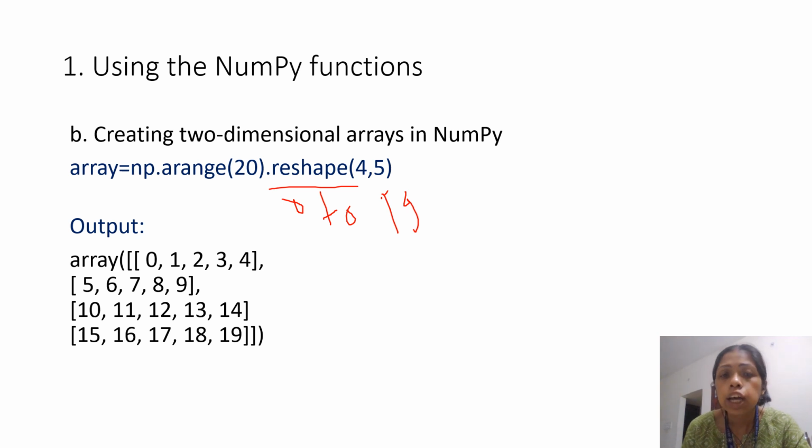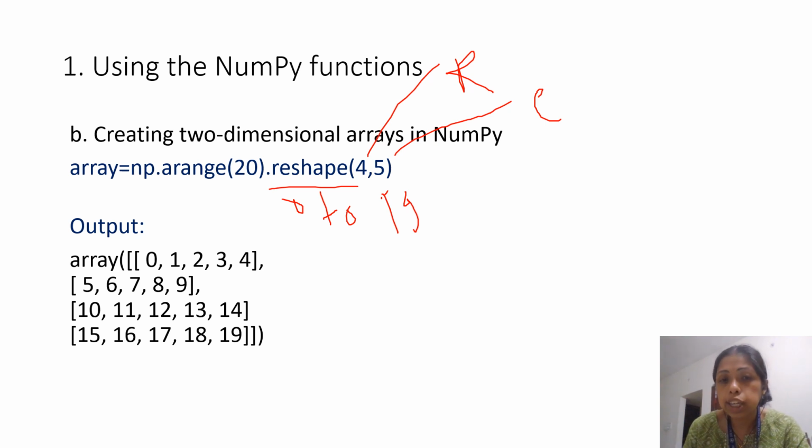You are creating a two-dimensional array where there are four rows and five columns. So if you write reshape(4, 5), the first is the number of rows and the second is the number of columns, in a two-dimensional format.